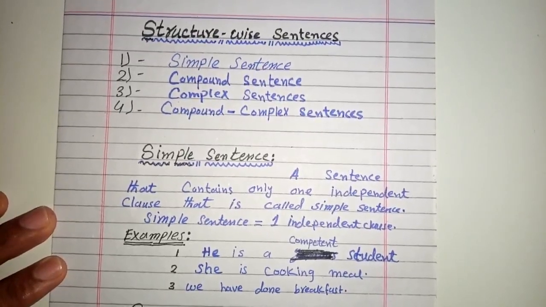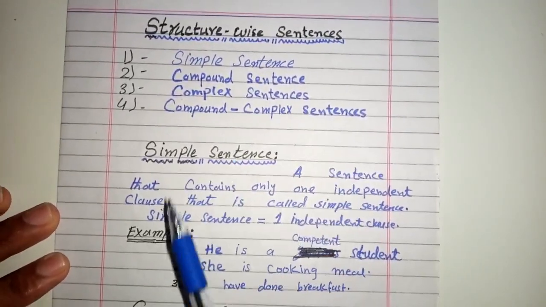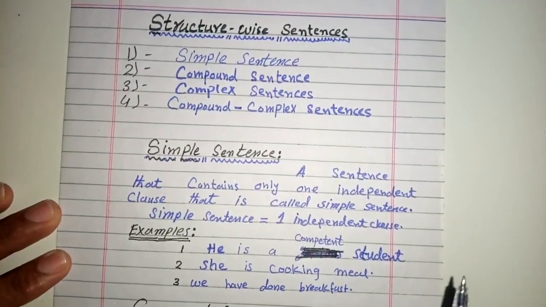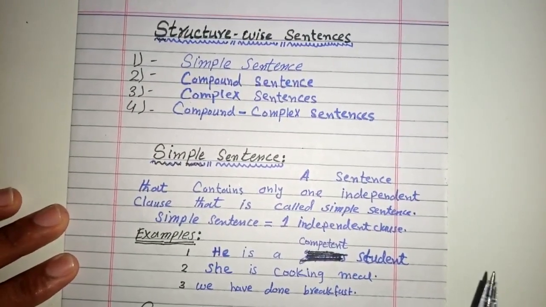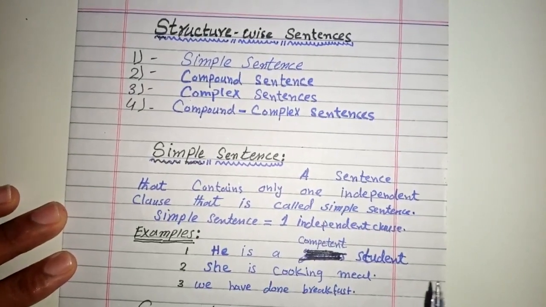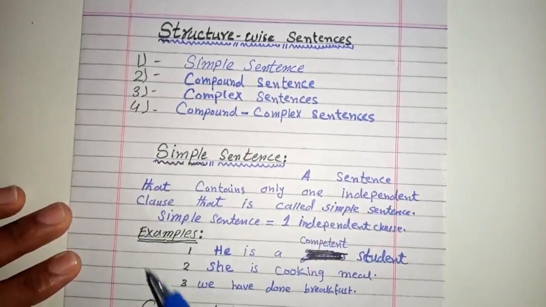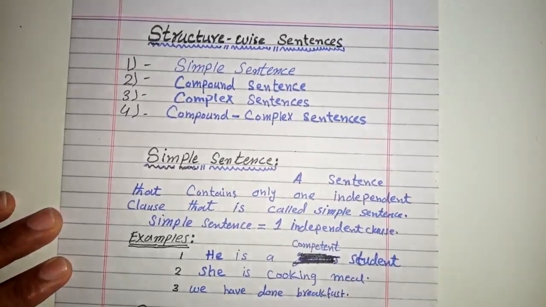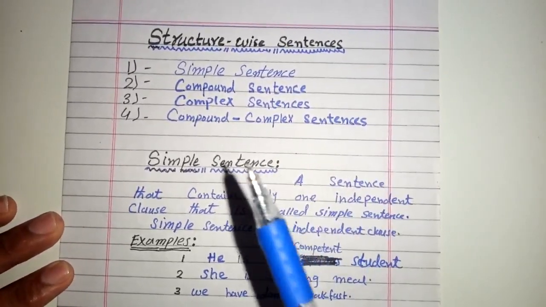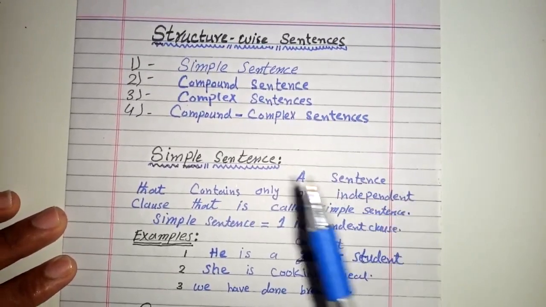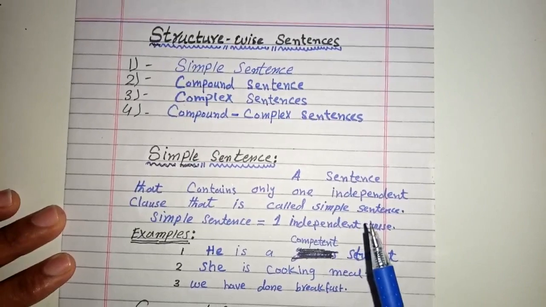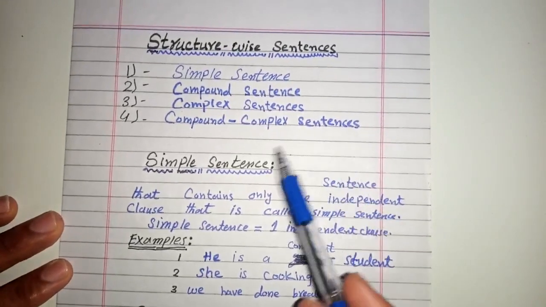So guys, this whole lecture is based on my previous lecture. If you haven't watched that video, then you should watch it because that video is totally connected to this lecture. In the previous lecture I discussed clauses and types of clauses, because types of clauses are very useful for this lecture.